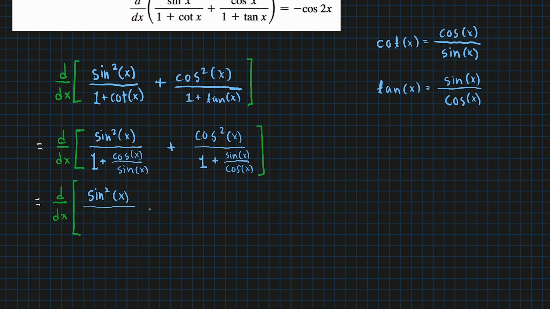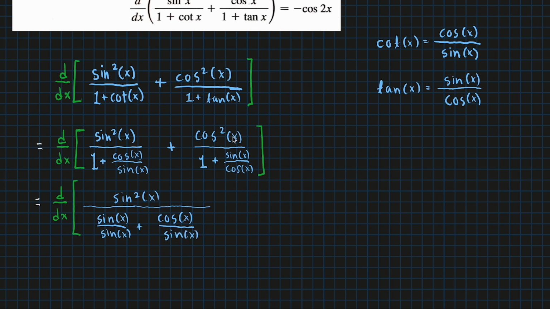And in the denominator, 1 can just be written as sine of x over sine of x, right? And to that we're adding cosine of x over sine of x.